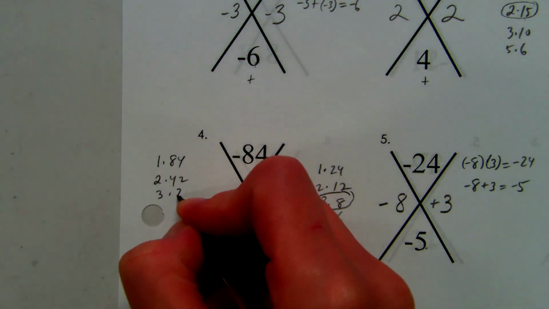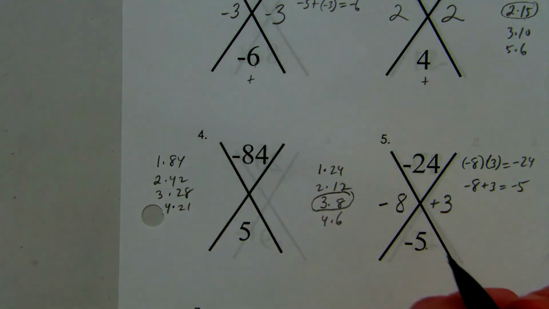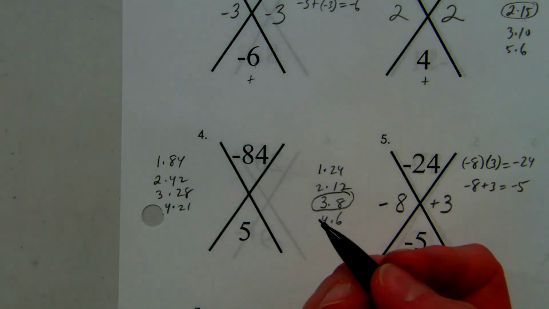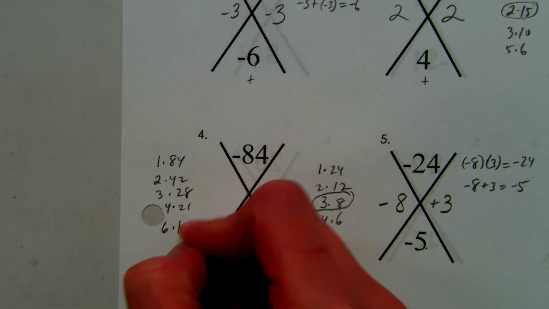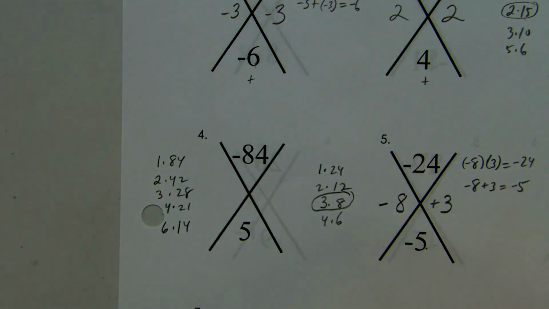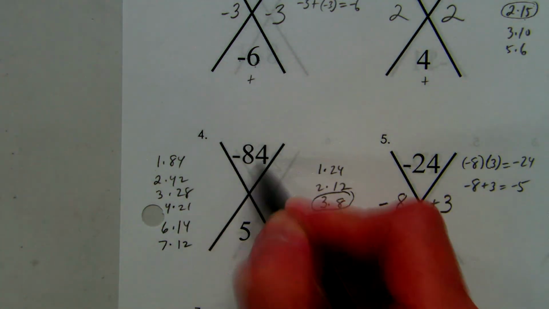You have 3 and 28. 84 divides by 4. You have 4 and 21. 5 does not go in. Yeah, 6 goes in. So 6 and 14 multiply to make 84. And then 7 and 12 make 84. So it took me a little while to get there.